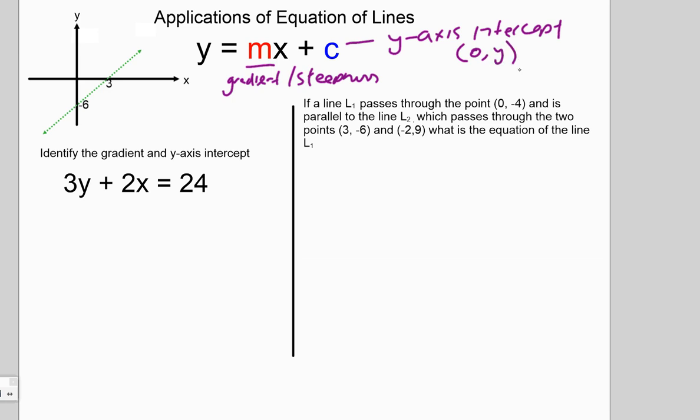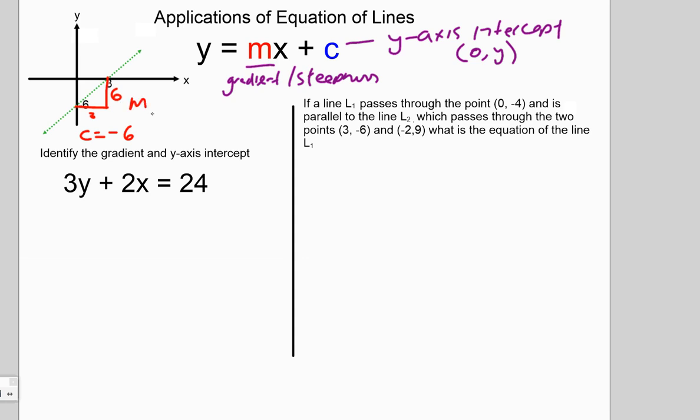If I look at this little graph to the left here, we can see straight away that the y-axis intercept is at 0, minus 6. And we can see that every time we go across 3 units in the x direction, we go up 6 in the y direction.